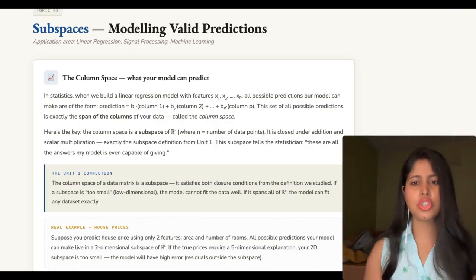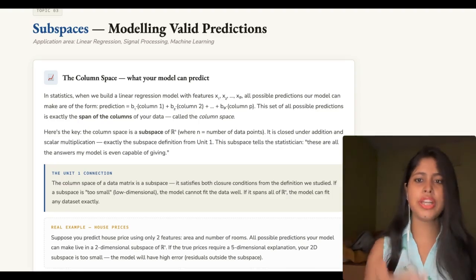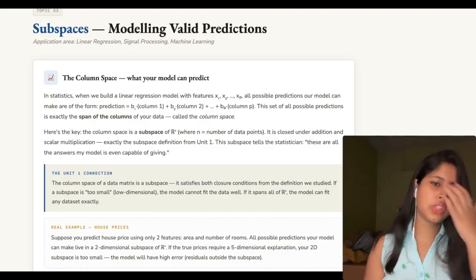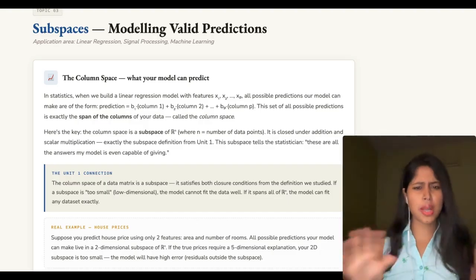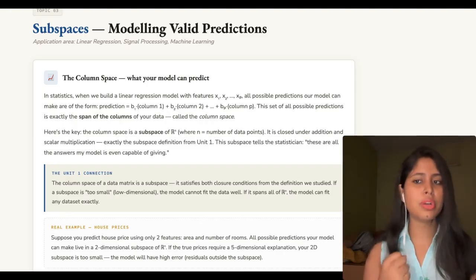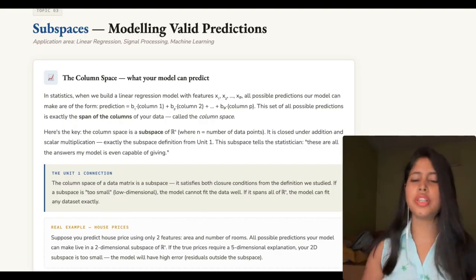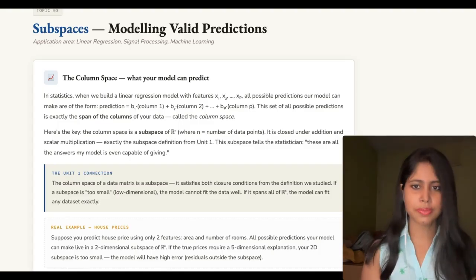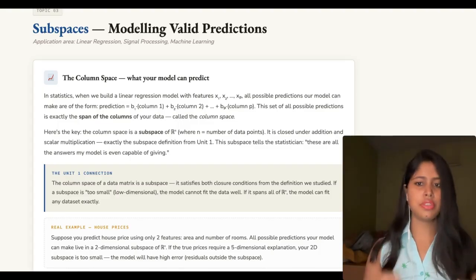Predicted price is equal to b1 times the area column, plus b2 times the rooms column, plus b3 times the distance column, for some numbers b1, b2, b3. The set of all possible predictions as b1, b2, b3 range over all the real numbers is called the column space of your data matrix. And this column space is a subspace of R^n, where n is the number of data points.